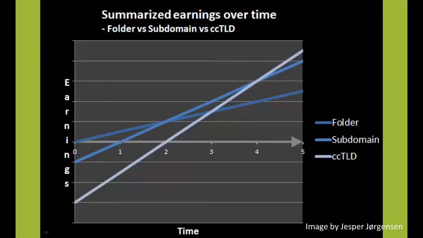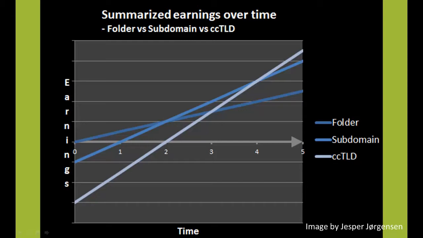Here's a really great graph that shows visually the amount of earnings that you can expect over time for each of these options. The light blue line is country-coded top-level domains. That starts out being the least in terms of earnings, but over time it will be the best performer for ROI.